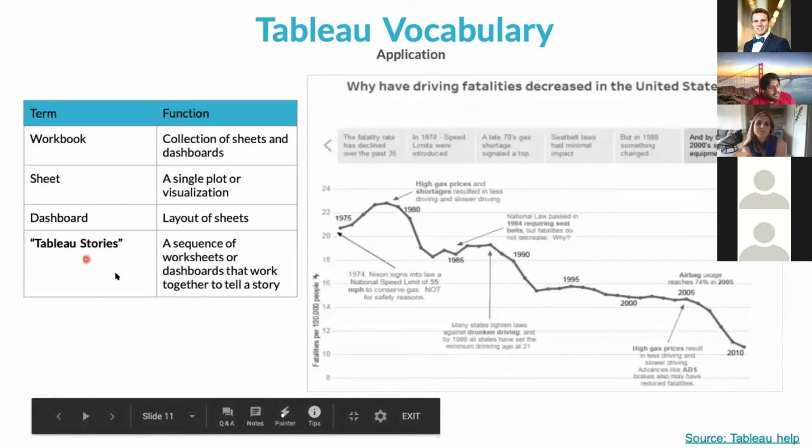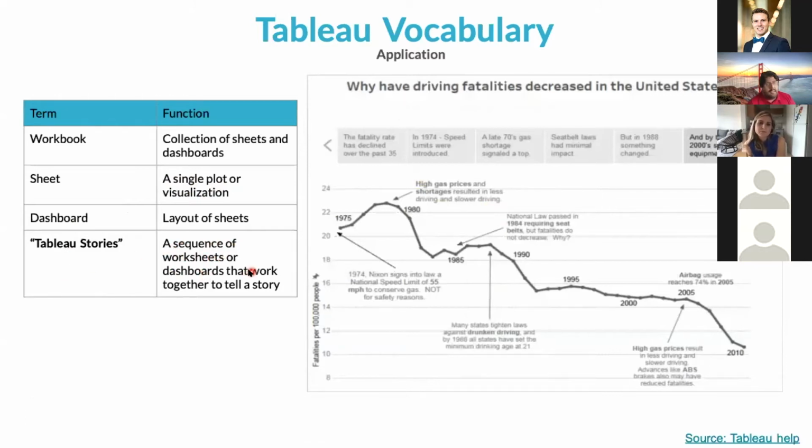There's also this idea of Tableau Stories, which is a sequence of worksheets or dashboards that work together to tell a story. So you can imagine that if you want to do some sort of data journalism project, you would create a bunch of dashboards that are frozen in with particular settings, so that you can tell a story.